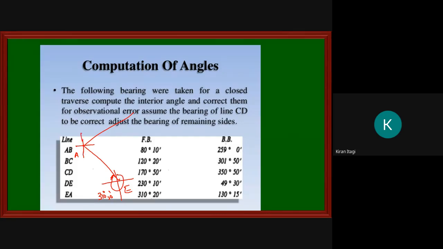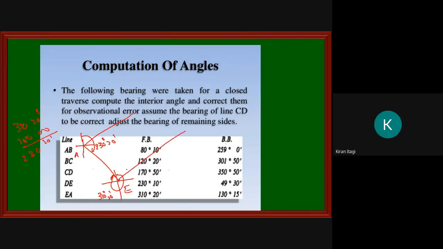What will be the back bearing for this one? 310 minus 180: 130 degrees, 230 degrees 20 minutes.